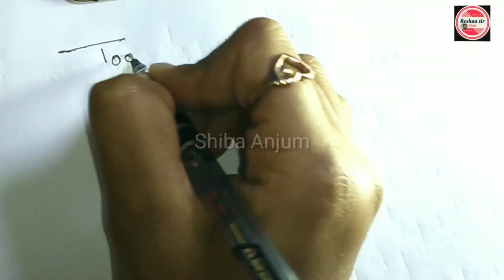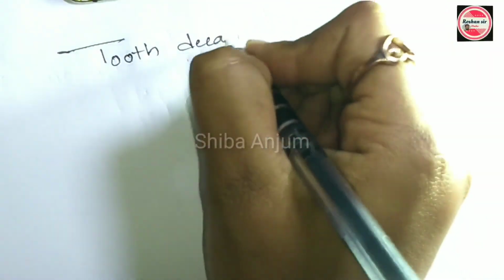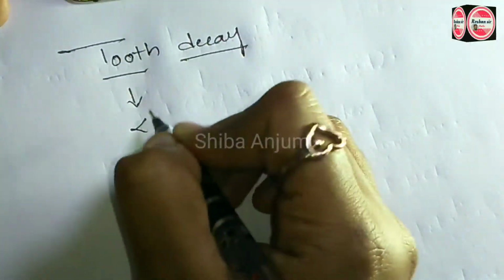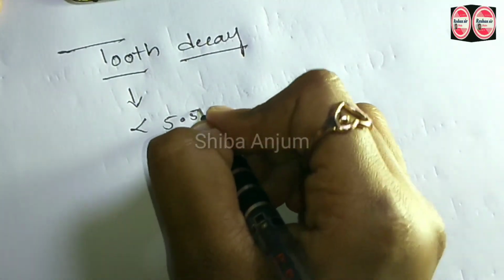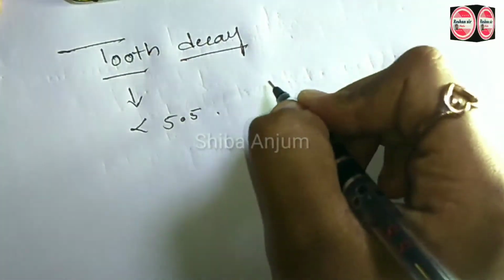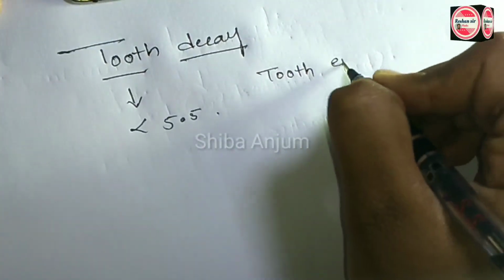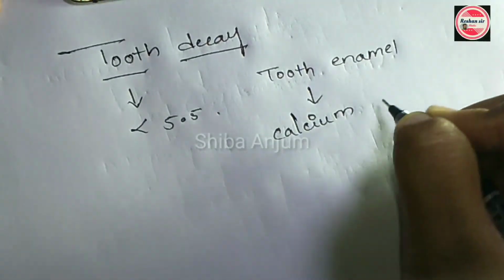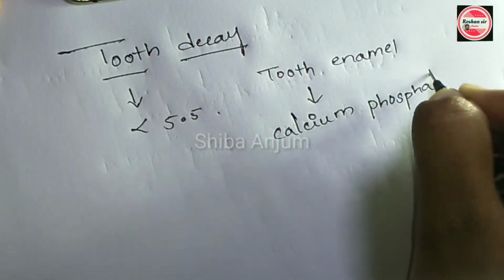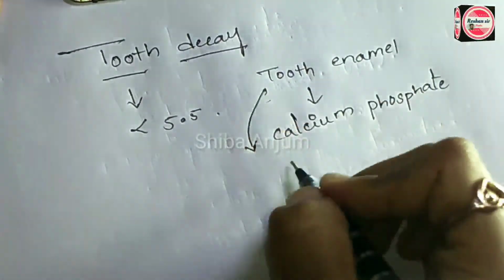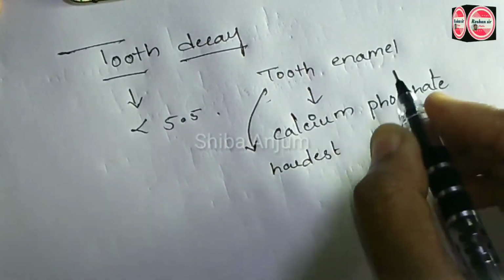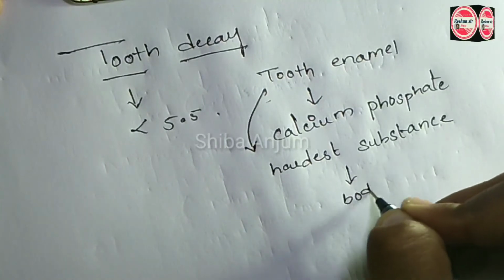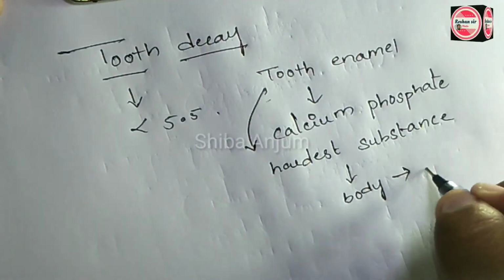pH change and tooth decay. Tooth decay starts when the pH of the mouth is lower than 5.5. Tooth enamel is made up of calcium phosphate, and this tooth enamel is the hardest substance in our body. It cannot be dissolved in water.